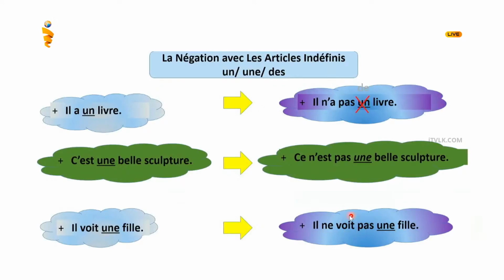Before and after the conjugated verb, you have ne and pas. And this une becomes de, because here you have another verb, not être. If you have être only, we have to keep it as it is. But this is another verb. In that case, you have to change the article into de. So that is regarding les articles indéfinis.